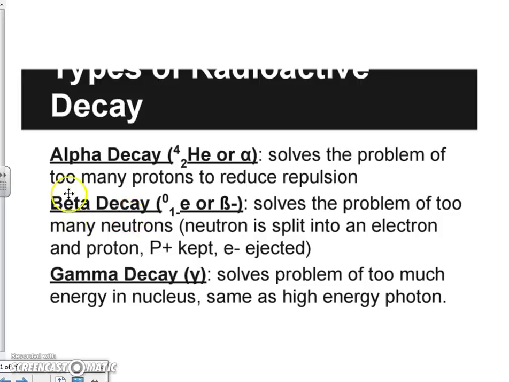when we release an alpha particle. Beta particles, so you'll see it as 0 over -1 e, so it's an electron, or you may see it as a beta minus. This solves the problem of too many neutrons. So what we're actually going to do is this kind of adds a proton.